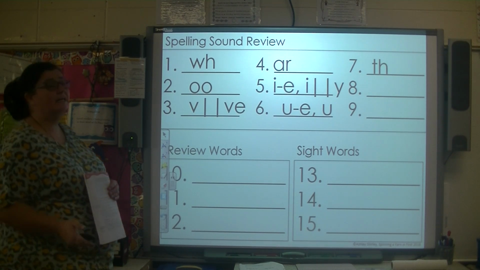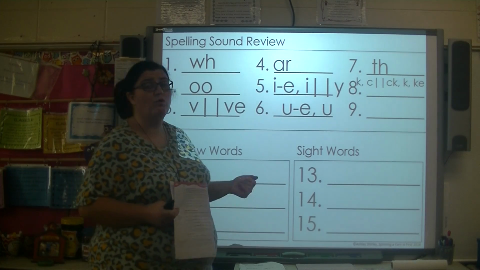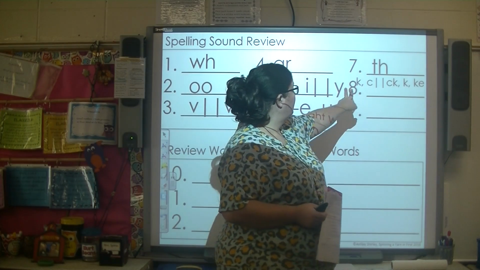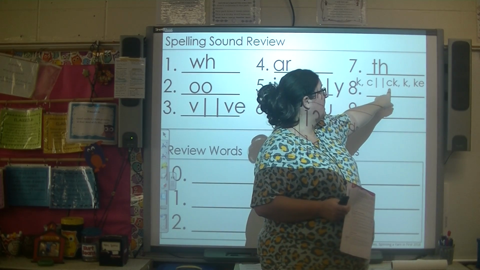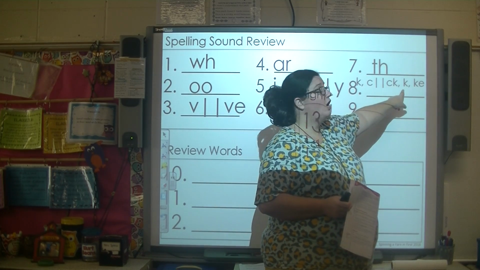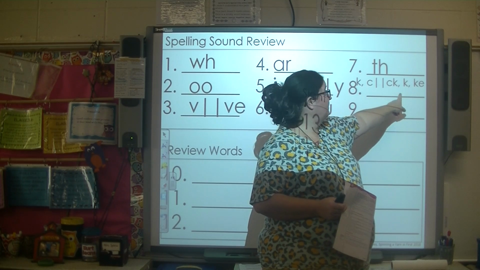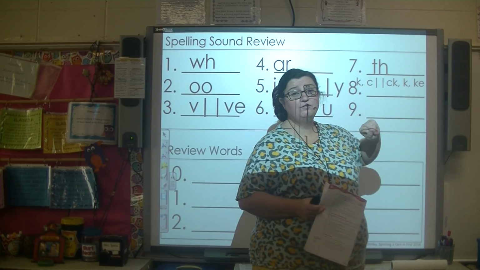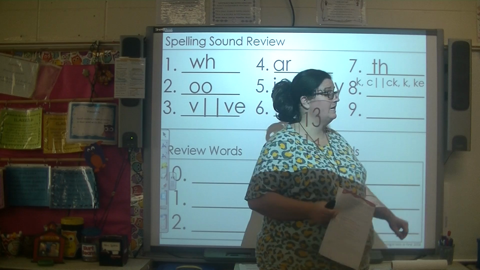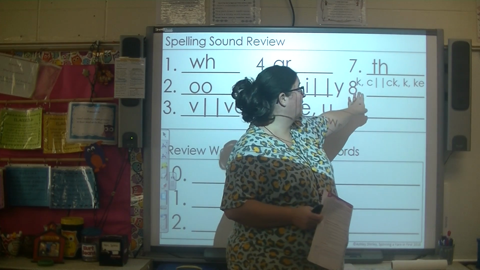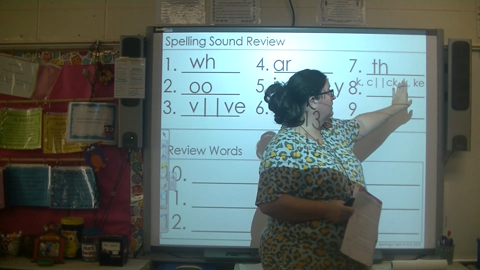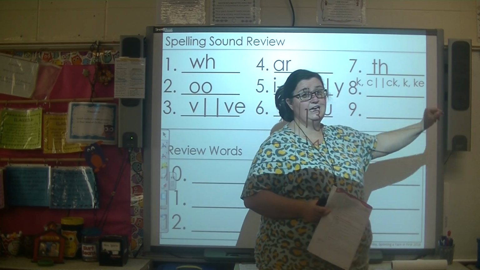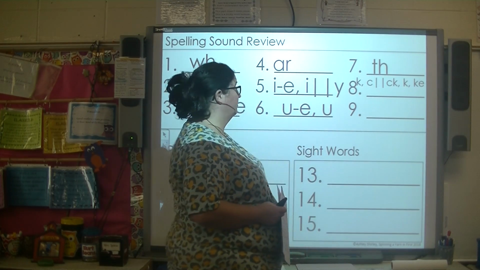Okay, in the beginning of a word, we can spell with K or C. In the final position, if it's a short vowel, CK. Consonant or digraph, K. And if it's a long vowel sound, we spell with KE. So your rule is K, comma, C. Final, CK, comma, K, comma, KE. Check your work.